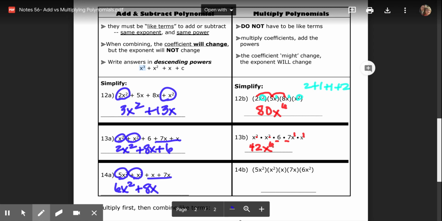Number 14b. We've got a 5 times 7 is 35, times 6 gives us 210. x, and we've got 2, 4, 5, 6, 7, 8. So 210x to the 8th power, not powder, power.